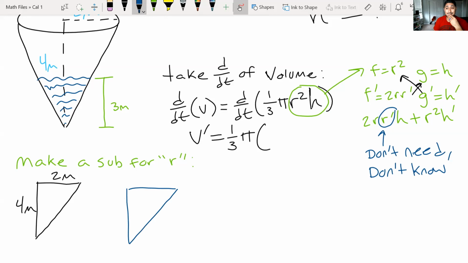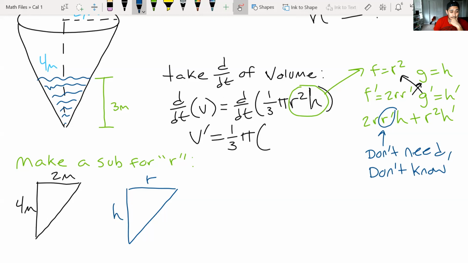So again, let's avoid trying to plug any numbers in. When the water's at a height of 3 meters, we don't know the value of the radius, so we're going to label it R. Yes, we know the height is 3 meters, but again, we don't want to plug anything in. So for height, we're just going to label it as H.